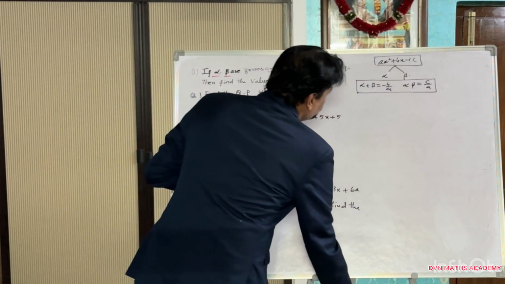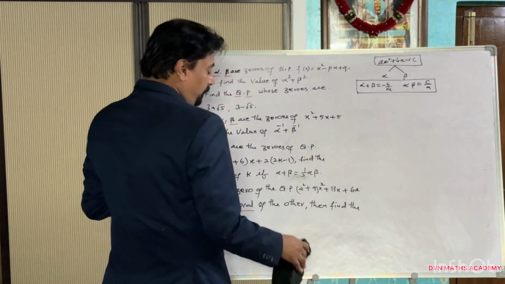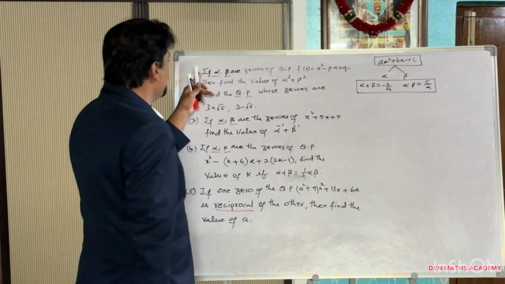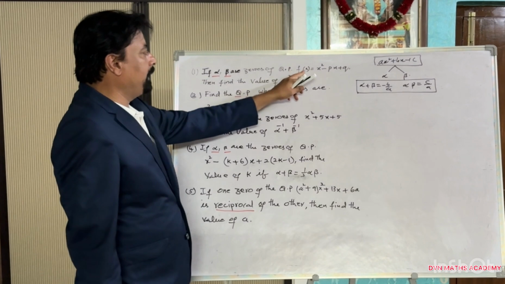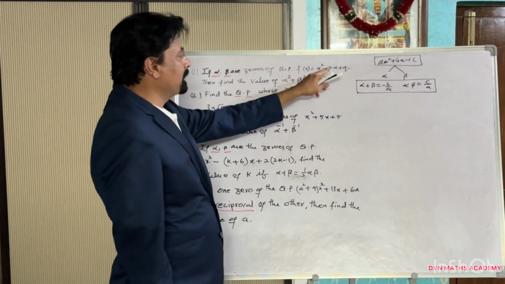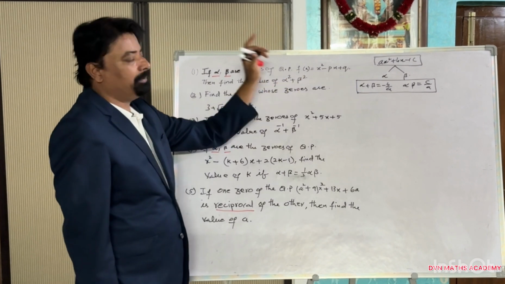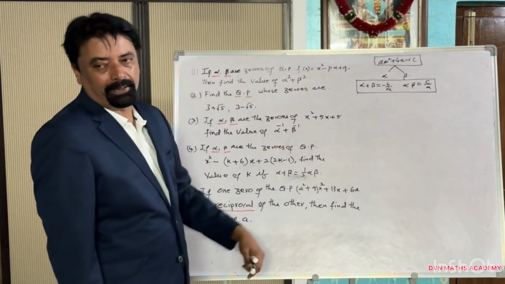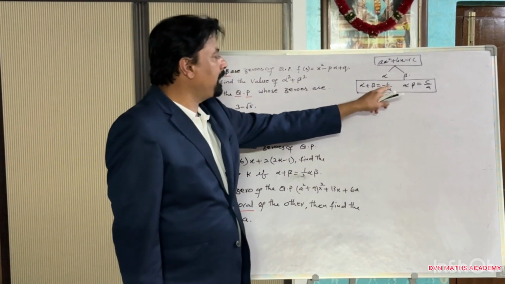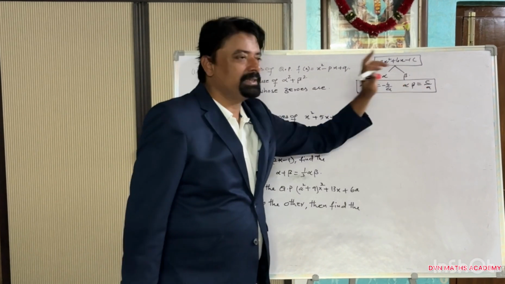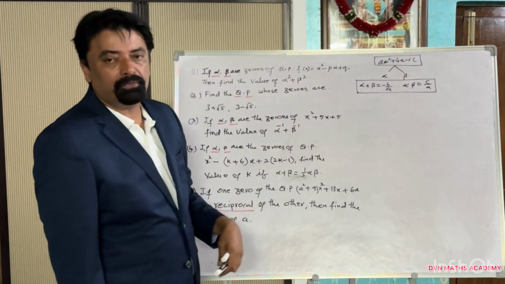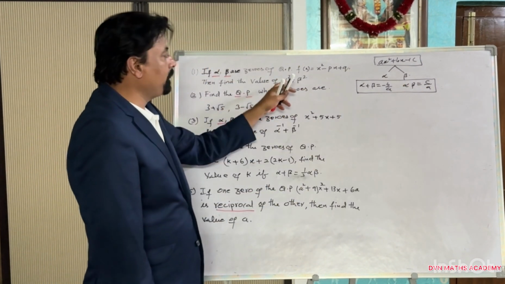Now, the first question: if alpha and beta are the zeros of the quadratic polynomial f of x is equal to x square minus px plus q, then find the value of alpha square plus beta square. We know alpha plus beta is equal to minus b by a, and alpha beta is equal to c by a. But he is asking for alpha square plus beta square.